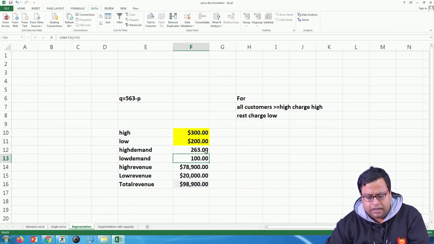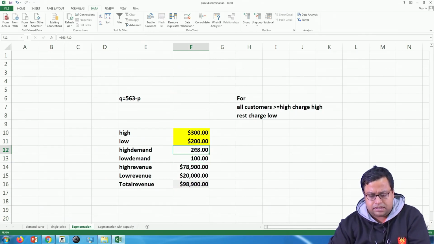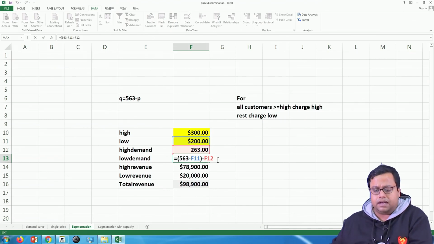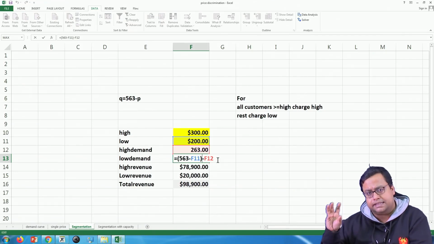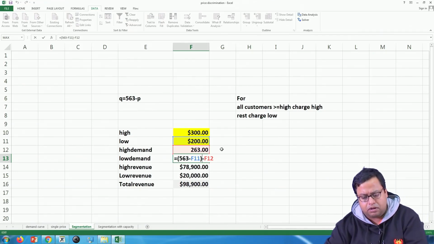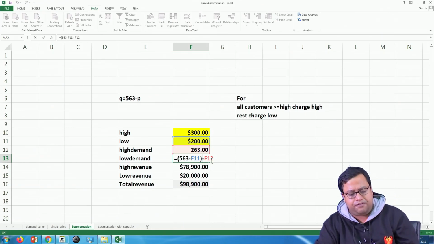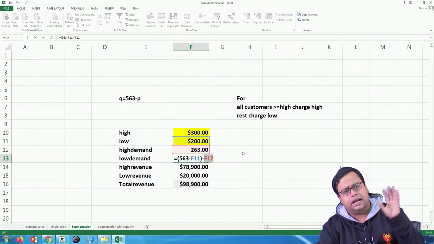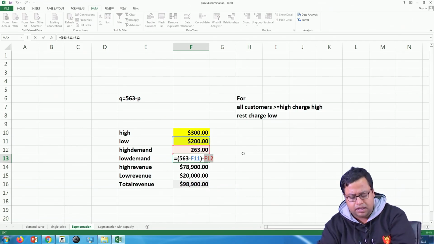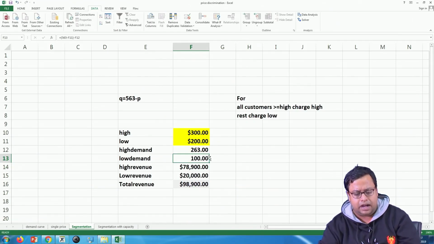So, here also let us say this is 263, and then the lower-price demand is 563 minus F11 minus F12. 563 minus F11 is the demand when the price is low, but of that particular demand, F12 number of people, that means 263 people, have already bought at a higher price. That is why what is left is only 100.